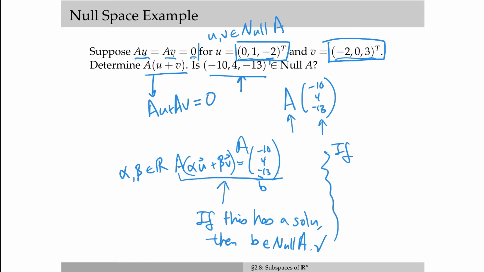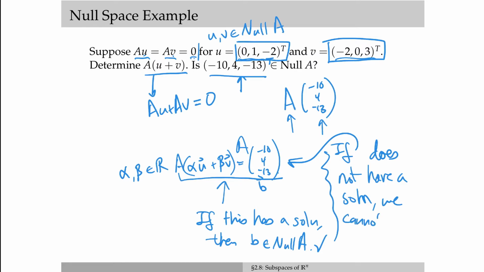So if this does not have a solution, we cannot say B is not in the null space of A. Because how are we to know that these are the only two vectors that really, I guess you could say, typify the null space? Perhaps there's more vectors in there that do more. I'm having to be purposely very ambiguous in my language because we haven't learned what a basis is yet. But what I'm trying to say here is we do not know that those form a basis for the null space or not. It's quite possible that they don't.